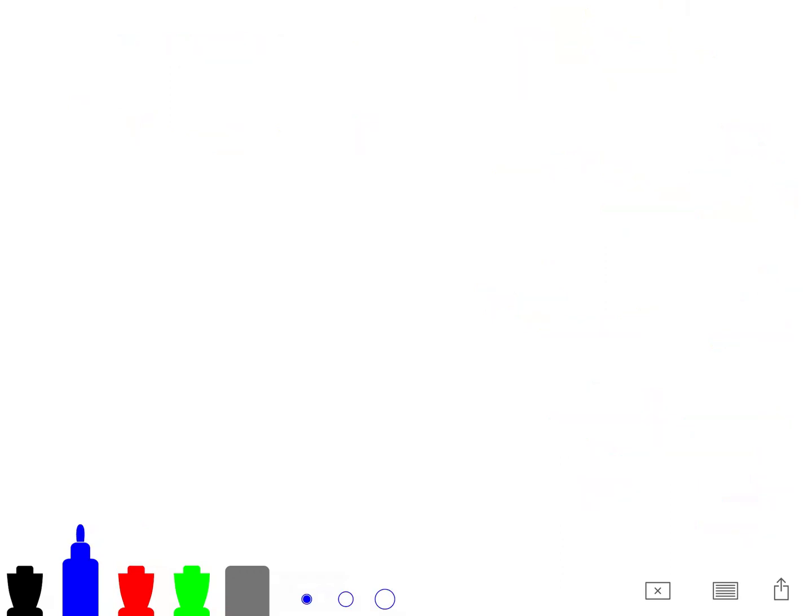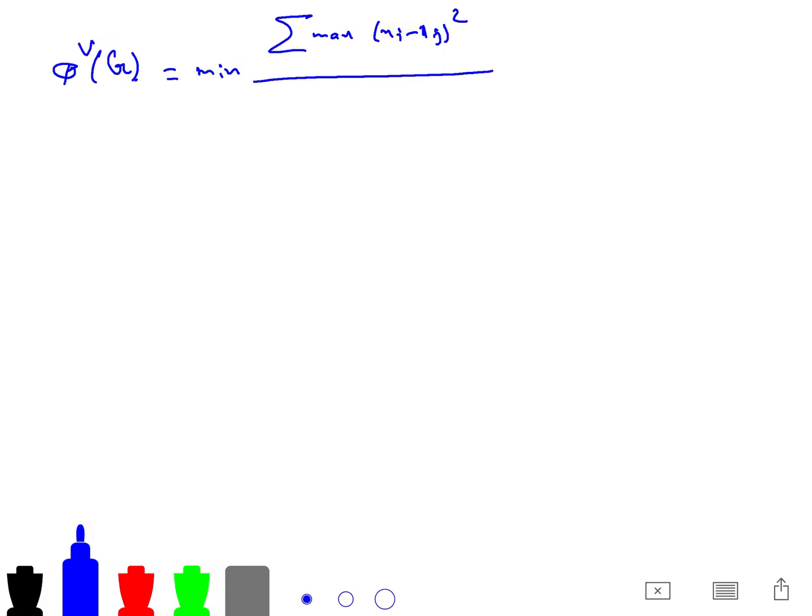And so the vertex expansion, you can write it as the minimum of the maximum of (x_i minus x_j) squared. So it means that over i, you maximize over all j's such that ij is an element of the edge set, is an edge, over x_i squared minus 1 over n times the sum of x_i squared.